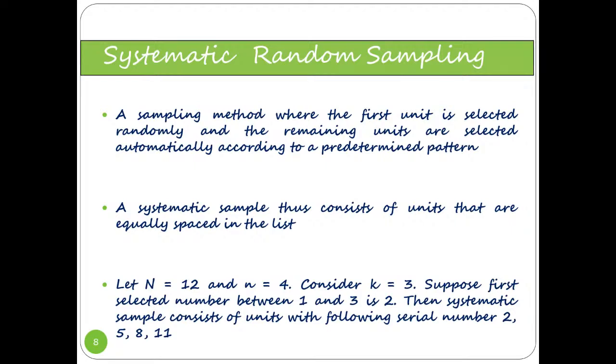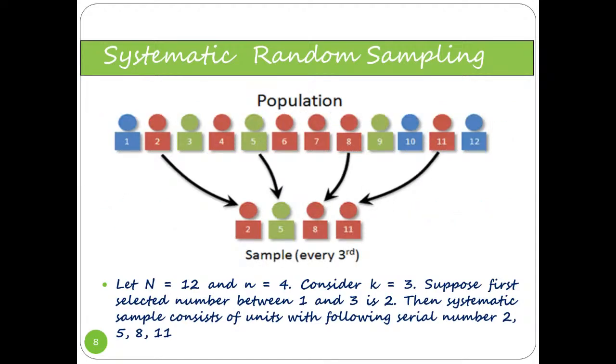But the consecutive members who will enter the study depend on the kernel, like k, which we calculate. That is, k is nothing but capital N divided by small n. That is, your population divided by your sample size gives the k.